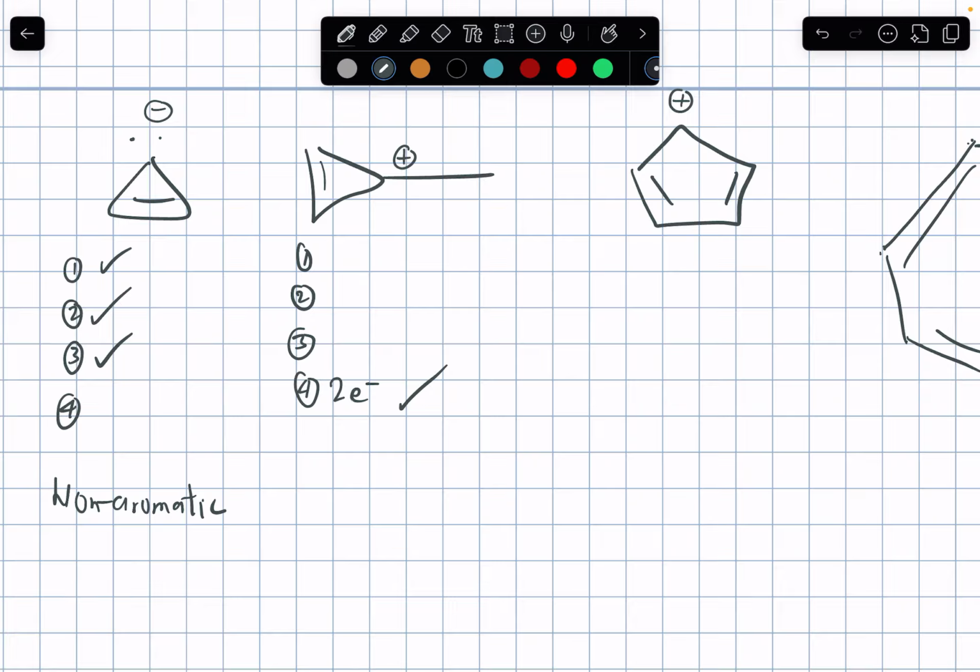Something that you have to know is that these dots matter when it comes to the Huckel's rule. So 1, 2, 3, 4. You count 4. 4 isn't part of the list. So since it's 4, this is anti-aromatic.